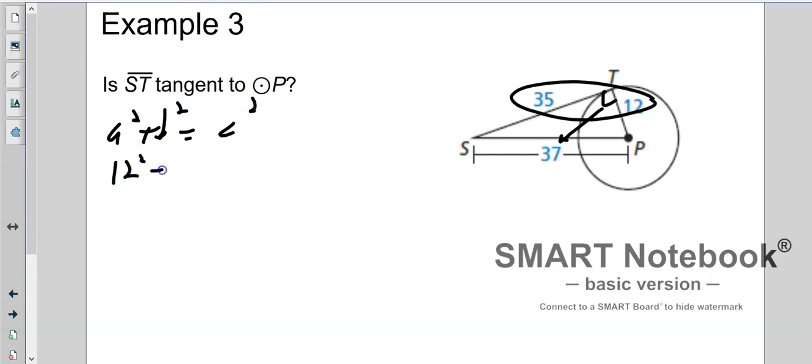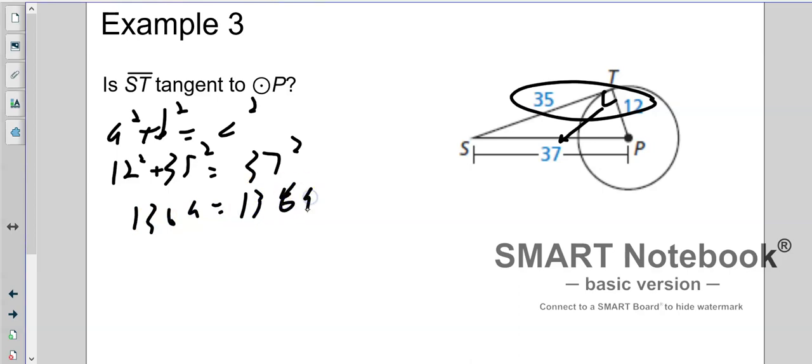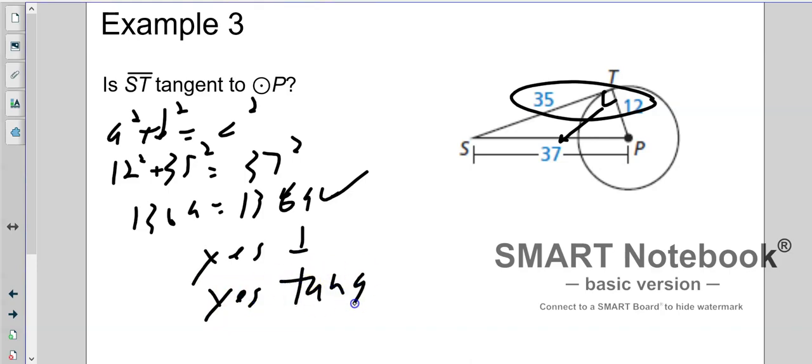So 12 squared plus 35 squared equals 37 squared. And we get 1369 equals 1369. So that's a true statement. So yes, perpendicular. So yes, tangent.